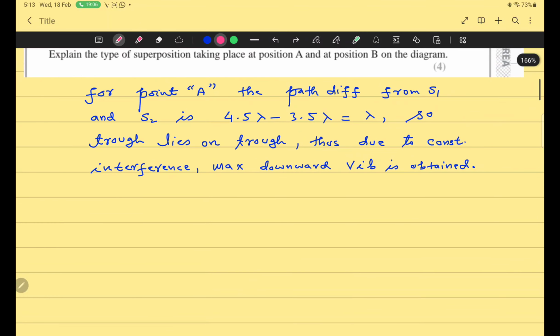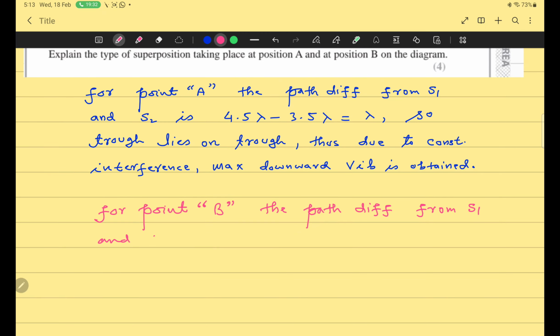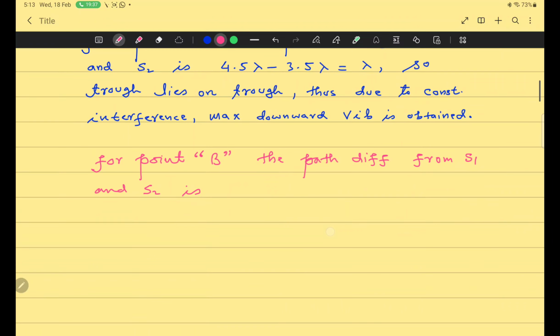So I am writing, sir, for point B, the path difference from S1, which is source number one, and source number two is 5 lambda minus 3.5 lambda.